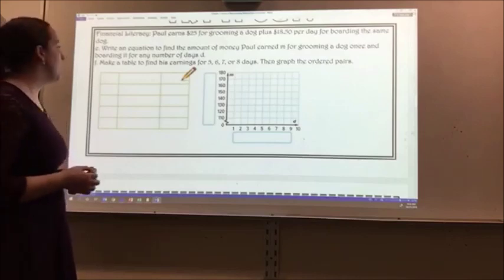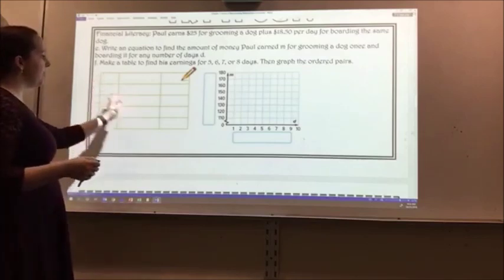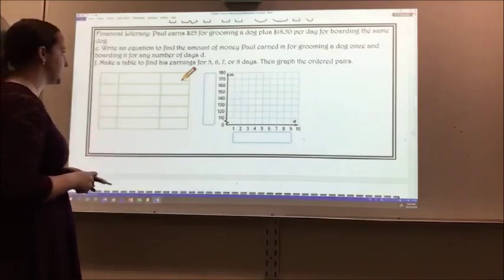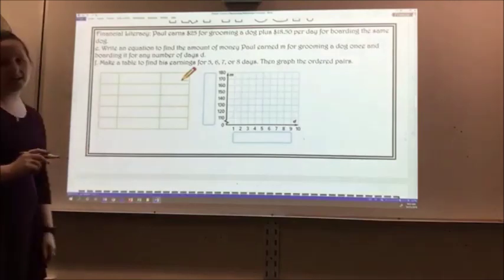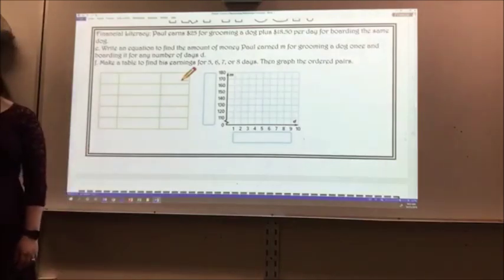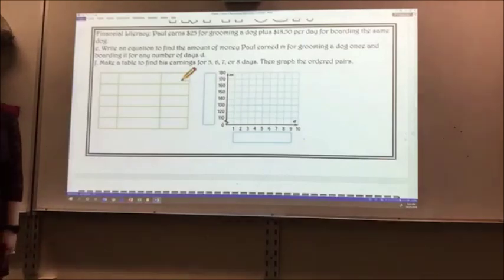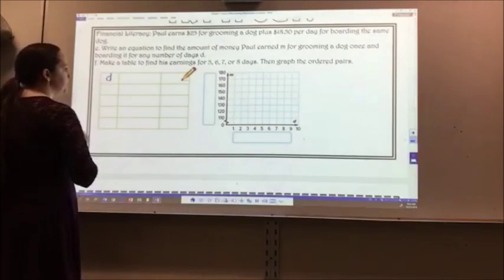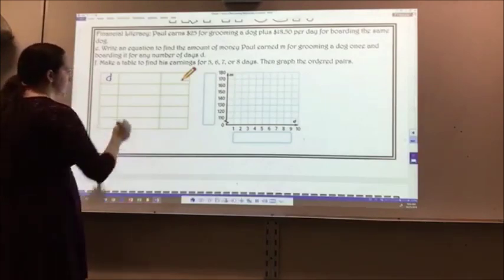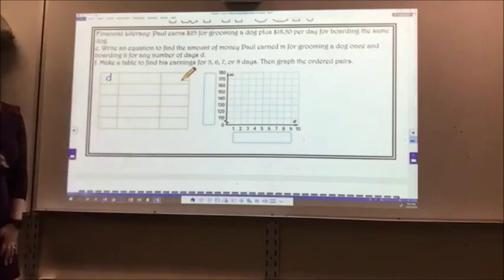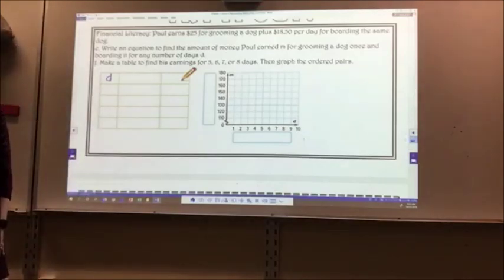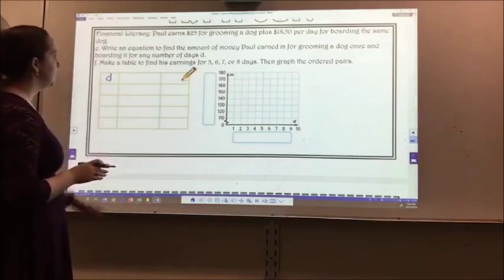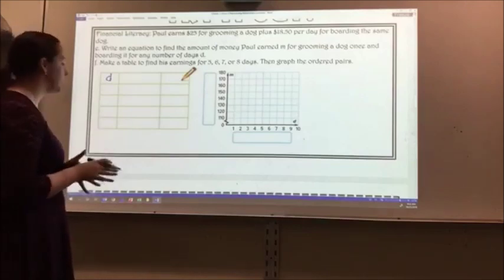Okay, so first things first, I have a table here. My table is going to help me figure out my values for X and Y. So for X, which represents the total days, my equation is going to be 25, because that's the amount of money that he earns for grooming the dog, and he groomed the dog, okay?